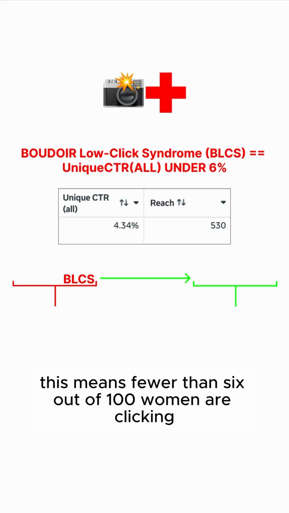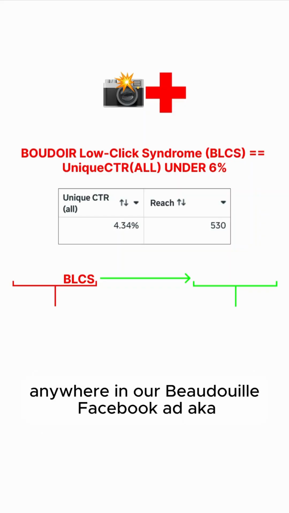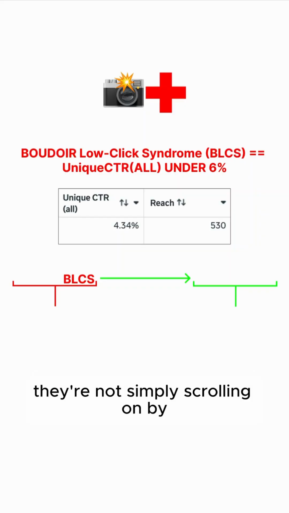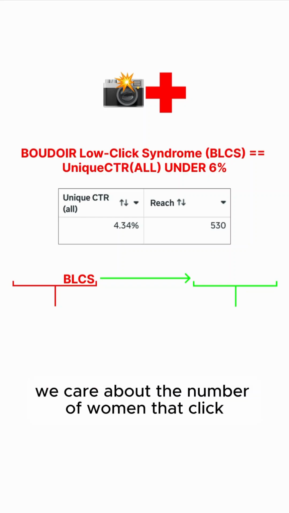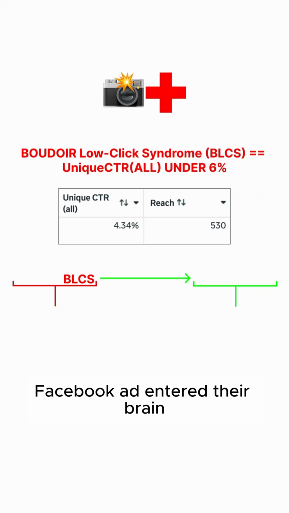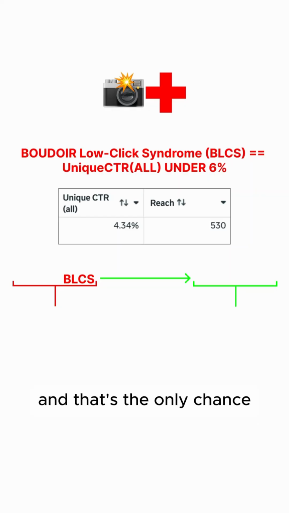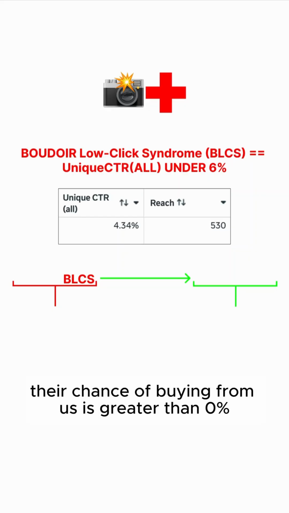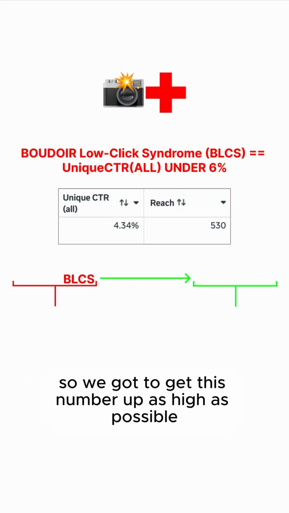This means fewer than 6 out of 100 women are clicking anywhere in our ad, aka they're simply scrolling on by. We care about the number of women that click anywhere on our ad because then we know our Boudoir Facebook ad entered their brain, and that's the only time their chance of buying from us is greater than 0%. So we got to get this number up as high as possible.